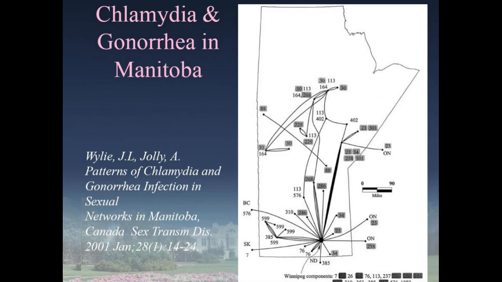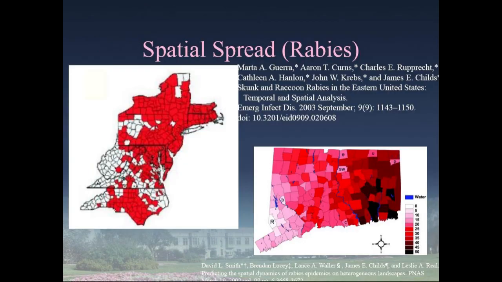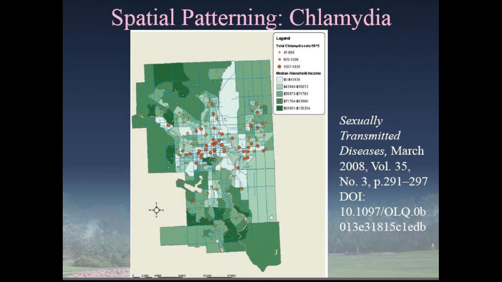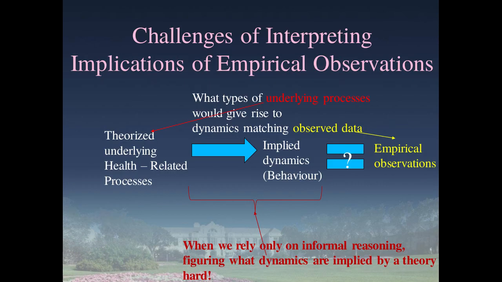We see spatial patterns of disparity for zoonoses as well as for chlamydia. And so when we're dealing with these situations, often we have some empirical observations, some observed data from the world. And we may have in our head some theory about what might explain that.